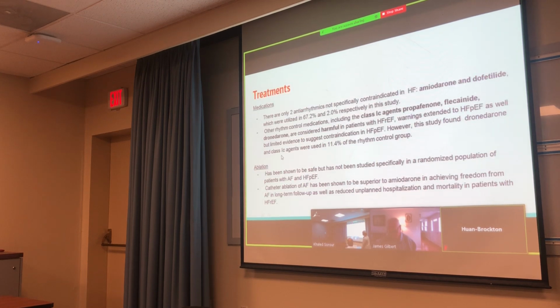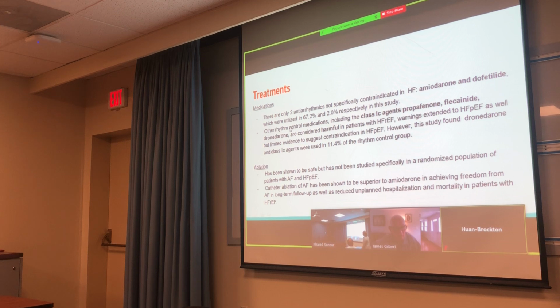So just a little review of the treatments that they covered in the paper. Looking at medications specifically for rhythm control, there are only 2 antiarrhythmics not specifically contraindicated in heart failure, and those are amiodarone and dofetilide, which were used pretty significantly. About 2/3 of the patients did get amiodarone and 2% got dofetilide.